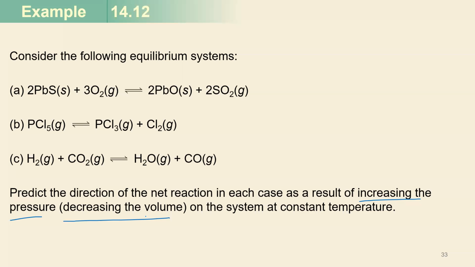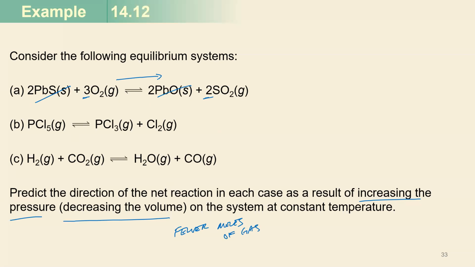The right. Yeah, to the right. So here we've got 3 moles of gas. Here we've got 2 moles of gas. We don't care about these because they're solids, right? And so increasing the pressure, we want fewer moles of gas to try to bring that pressure back down. And so for A, we're going to shift to the right.